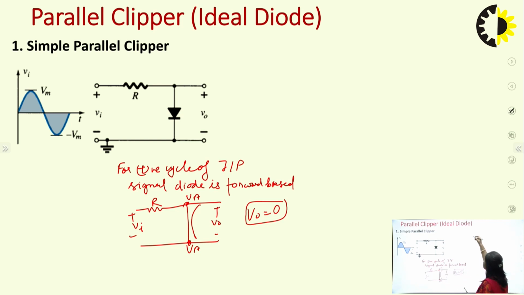And for negative cycle of the input signal, diode will be reverse biased.